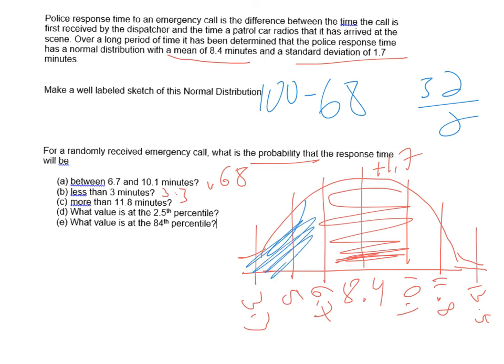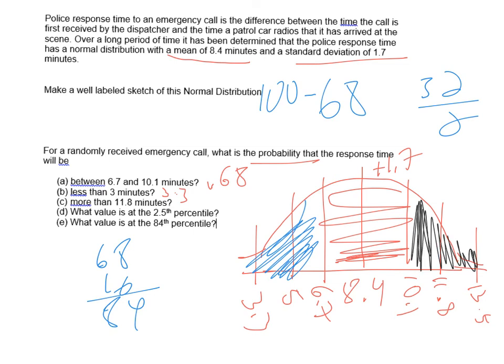So down here there's 16%. And if we add that, what is 68 plus 16? I believe it is 84. So that tells me what I'm really interested in finding is this area up here. Well, since this is symmetric and that blue area is 16%, that's also going to be 16%. So that's at the 84th percentile, which is 10.1.